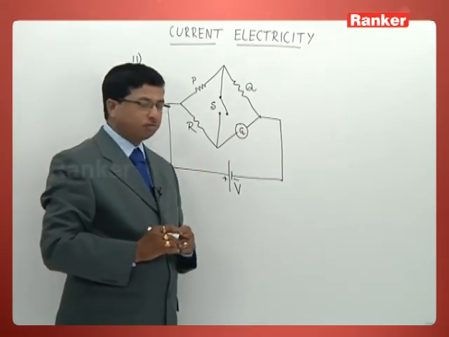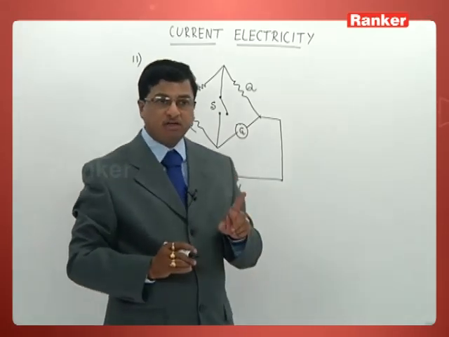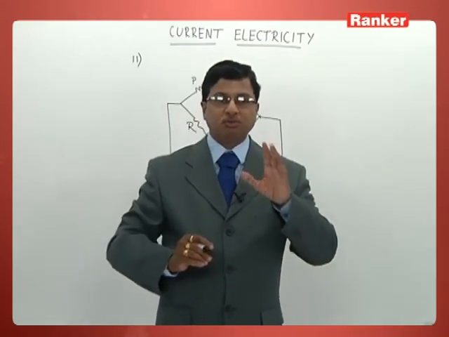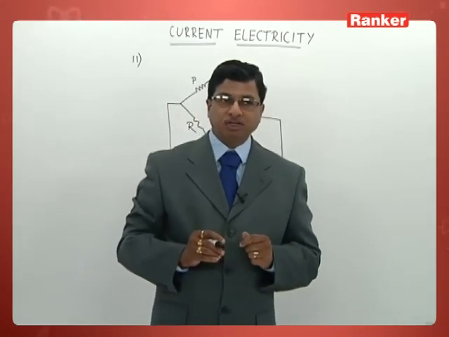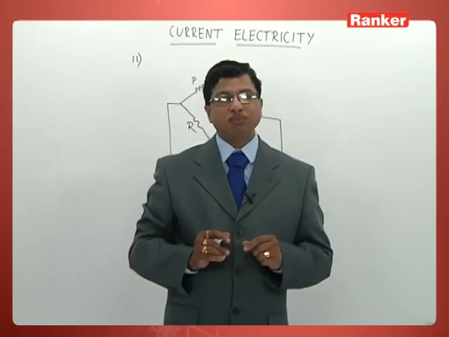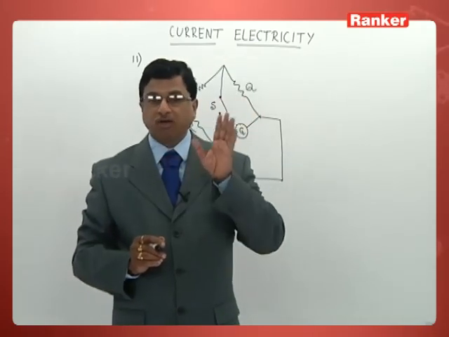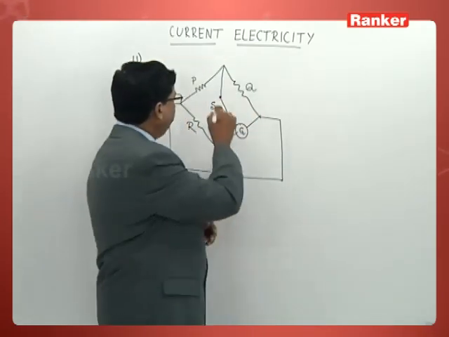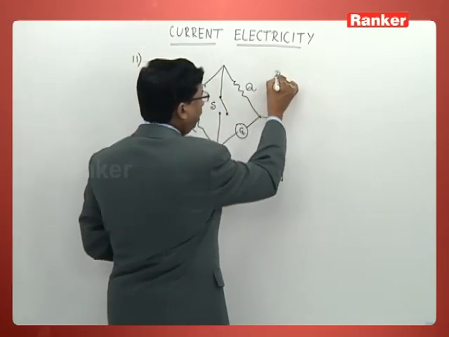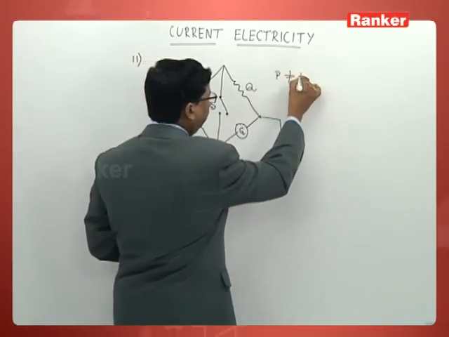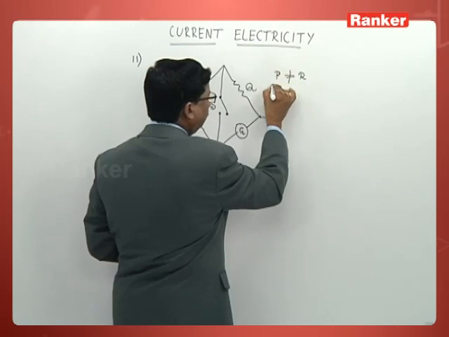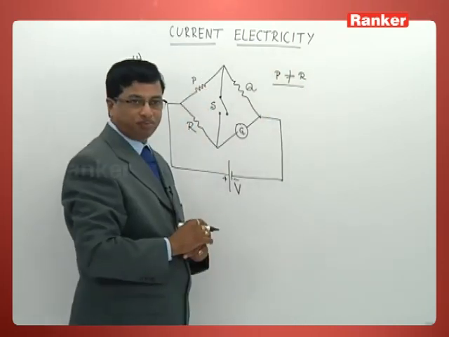First and foremost, what is the condition he has mentioned? You observe that one carefully. In the circuit shown, P is not equal to R. So P and R are not equal to each other. That is the condition mentioned there.